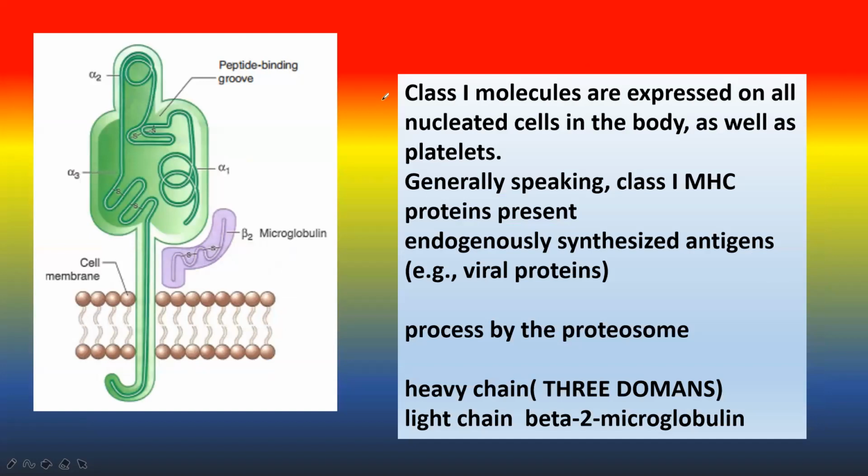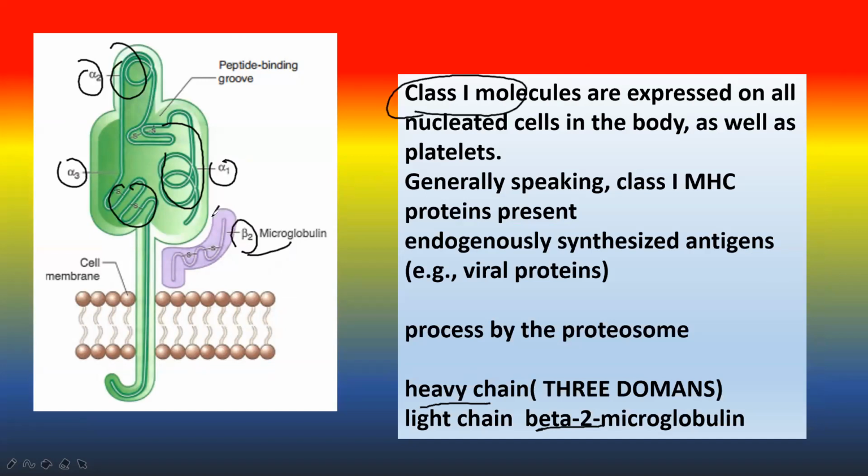Let's see the structure of MHC1. MHC1 has alpha chains and beta 2 microglobulin. The 3 alpha chains: alpha 3 here, alpha 2 here, alpha 1 here. Along with the alpha chains we have beta 2 microglobulin.